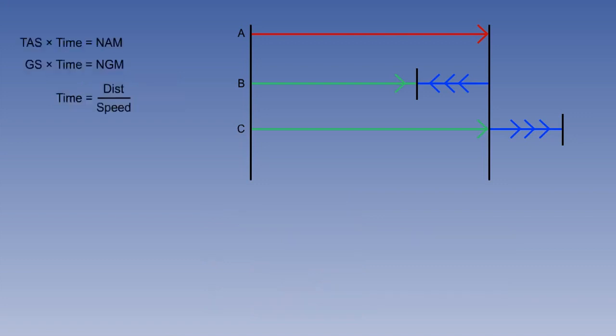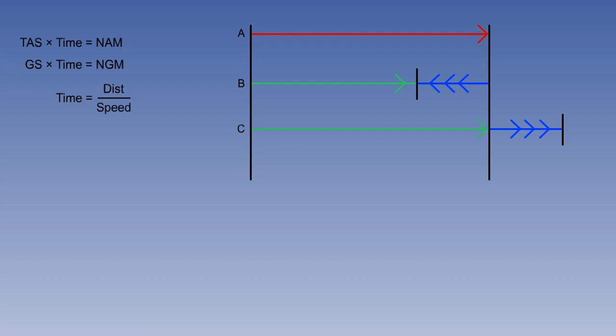We can now establish a formula for converting between nautical air miles and ground miles, and vice versa. We assumed that all 3 aircraft travelled for 1 hour at the same true airspeed.